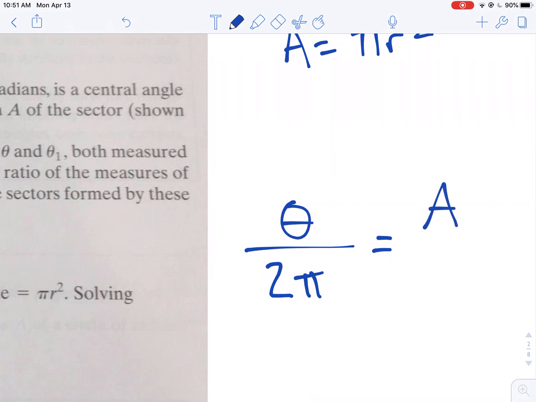Well, that means that if I have a theta 1 of 2 pi radians, the area of that theta has to be pi r squared, because we've already learned that the area of an entire circle is pi r squared. I'll cross multiply here.